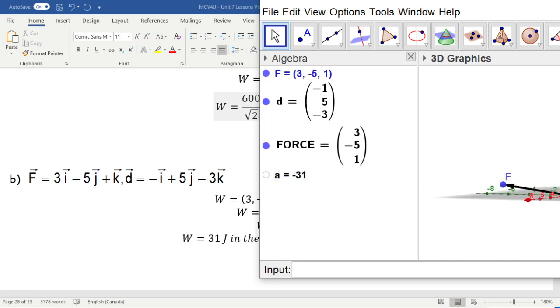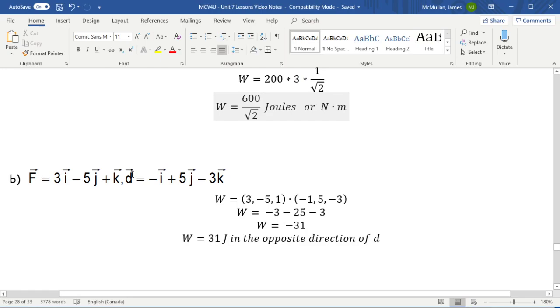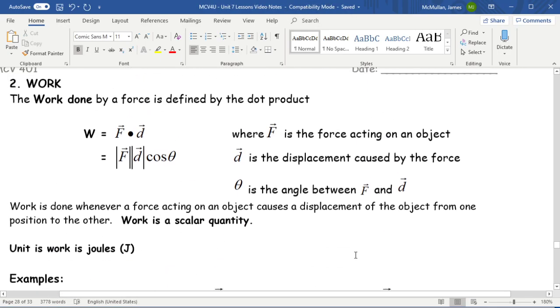It's just giving you a negative to show that this force would not actually pull an object in that direction. It would pull an object in this direction, right? If this is a hill, it's pulling it up the hill rather than pushing it down. I think this is kind of silly, personally. I'm not really sure if this example is intended to be negative or not. But let's just say, in this question, the work done would be opposite.